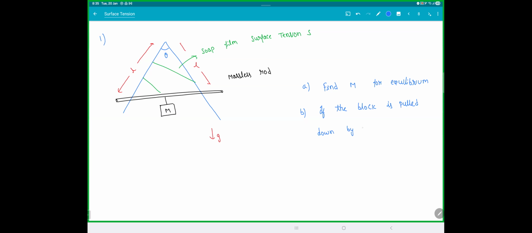Find the acceleration of the block. Be careful, a soap film will always have two surfaces. So that S into L will become 2 into SL.